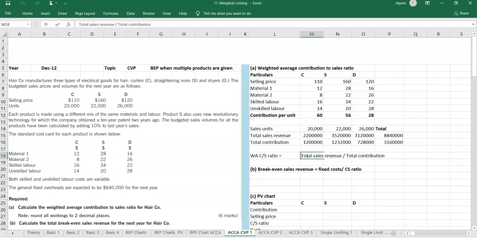Okay, I think I've made a mistake. It is total contribution divided by total sales. So that is the formula. Sorry, we have not done that properly. Total contribution is the numerator. Total sales is the denominator. Let's get the answer. We got the answer. So we'll get the fixed cost. The fixed cost is this number.